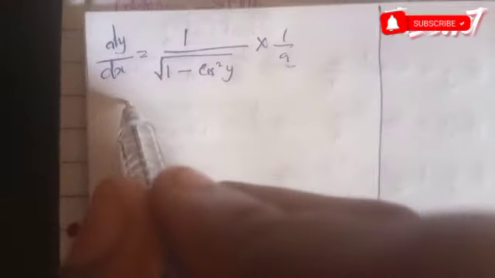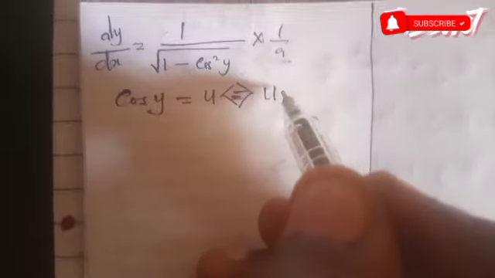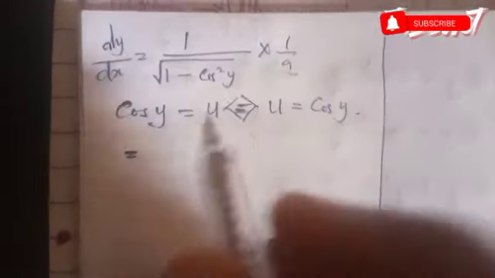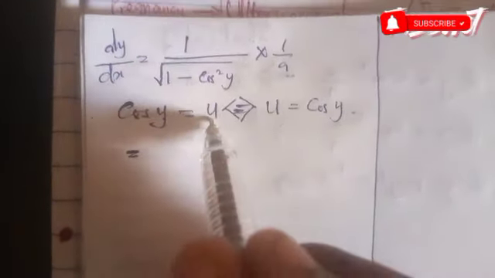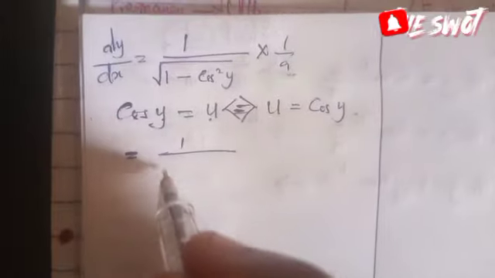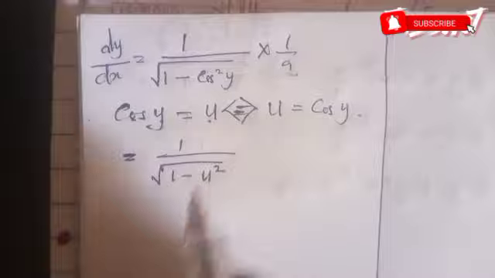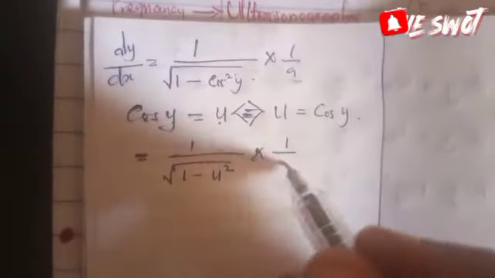Don't forget cos y is u, so wherever we have cos y, we put in u. So we have 1 over the square root of 1 minus u squared, since cos squared y is the same as u squared, times 1 over a.